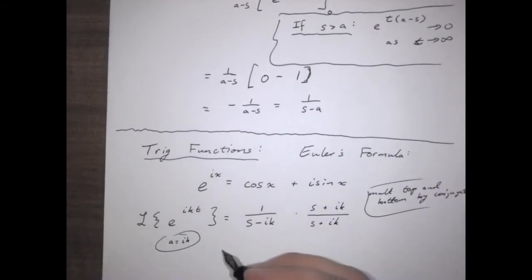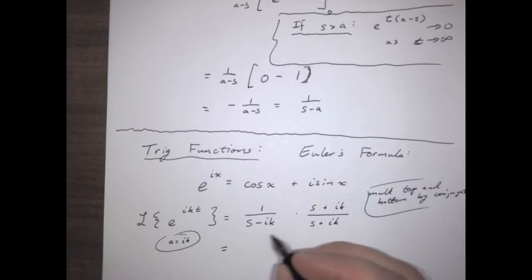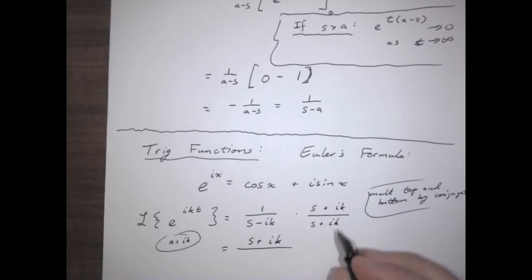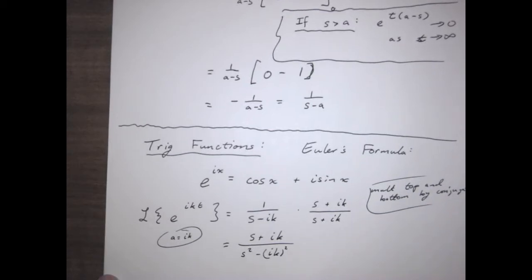So if you do that, what you're going to have on the top is s plus ik, and on the bottom, if you FOIL that out, it's going to be s squared minus (ik) squared. The middle terms will cancel out.